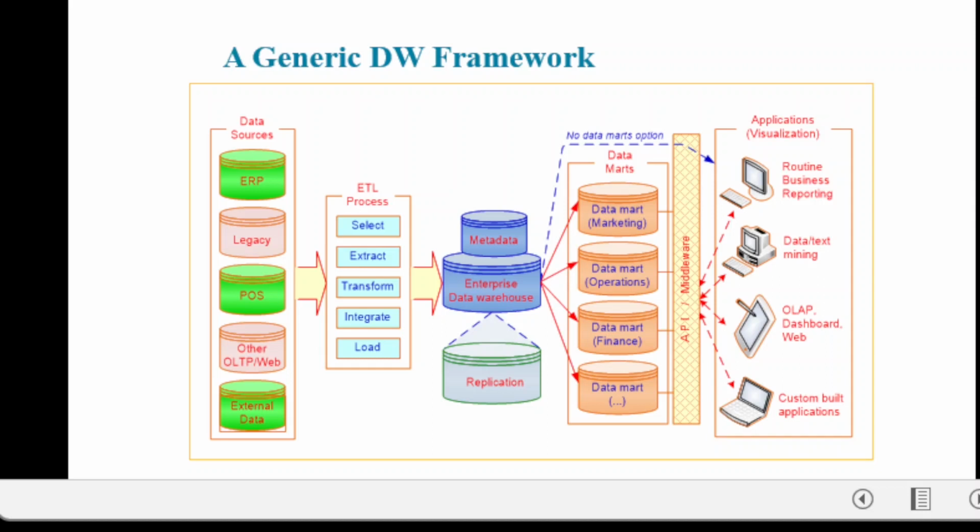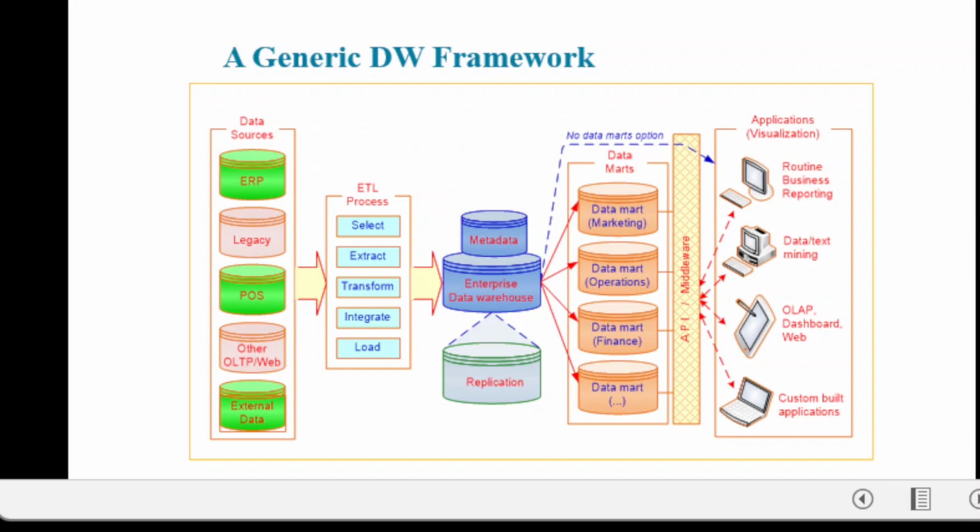When we load into the enterprise data warehouse, we extract out the metadata and put it in a metadata repository. Then we can also have replication of the data warehouse and metadata, in case of need, for redundancy purposes.